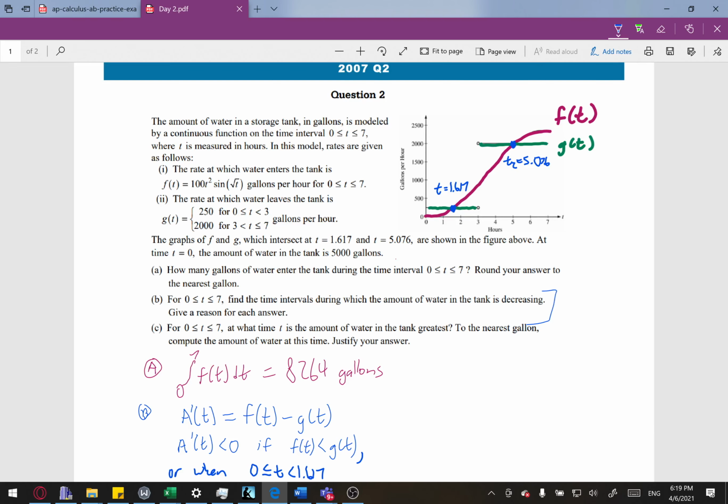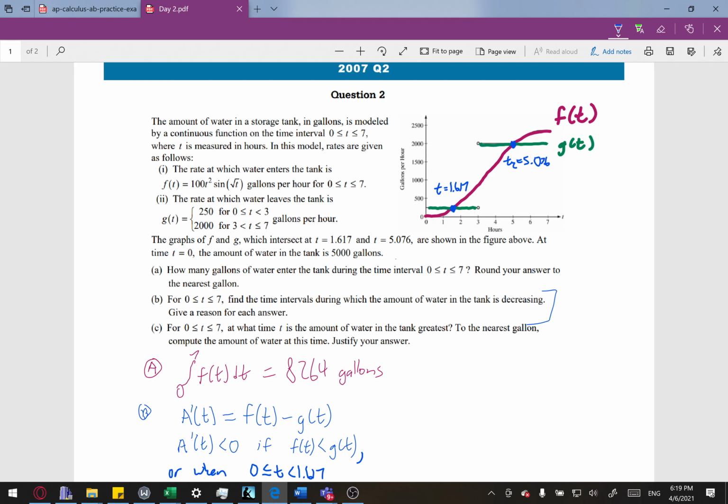And then is there any other times? 3 to 5.076. Okay, so 3 is less than or equal to t is less than 5.076.